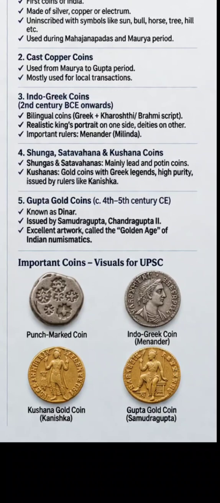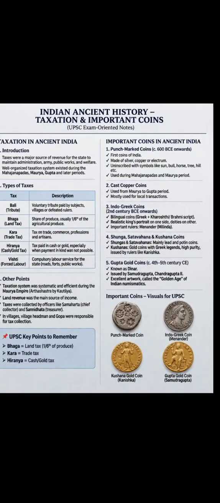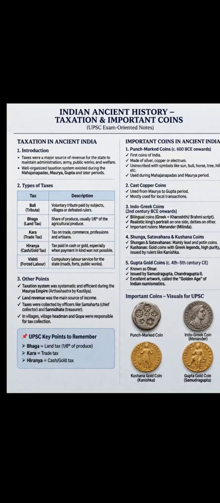Gupta gold coins, 4th to 5th century CE, known as dinars, issued by Samudragupta and Chandragupta II, with excellent artwork, called the Golden Age of Indian numismatics. So these are the two topics: taxation and important coins.